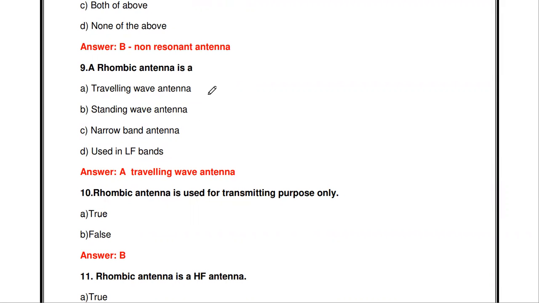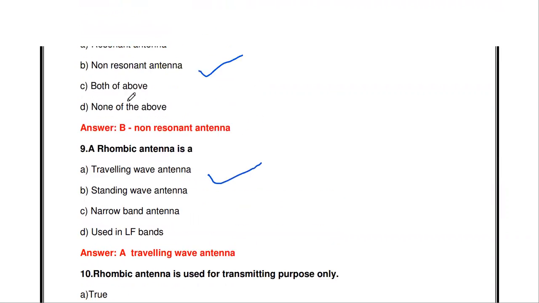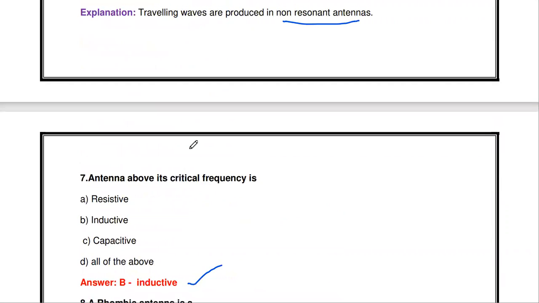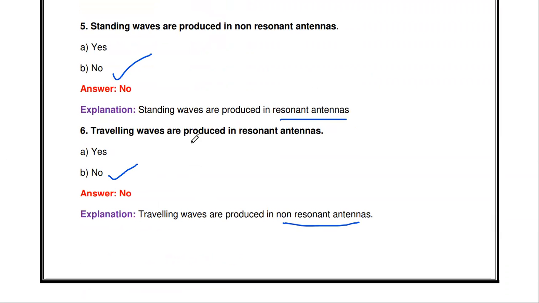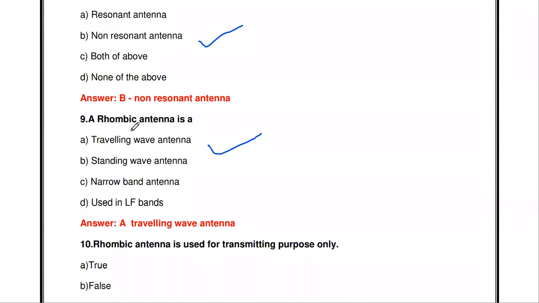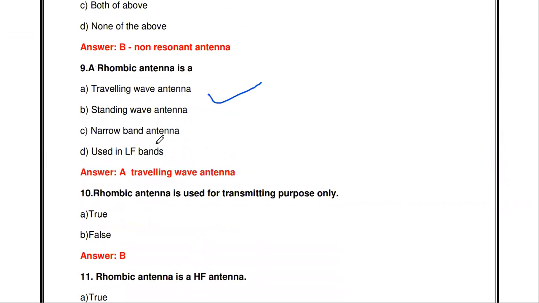The rhombic antenna is a traveling wave antenna. You already know the rhombic antenna is a non-resonant antenna, and we already discussed that in non-resonant antenna the traveling waves are produced. That's why the rhombic antenna is a traveling wave antenna. The resonant antenna is a standing wave antenna.